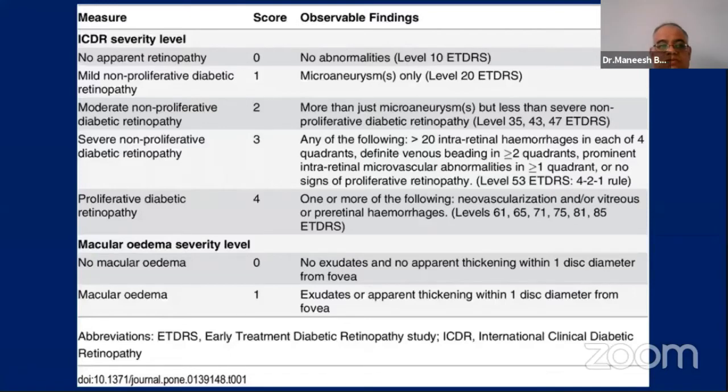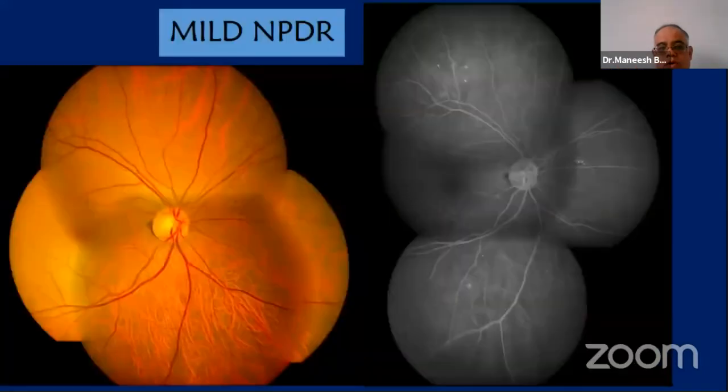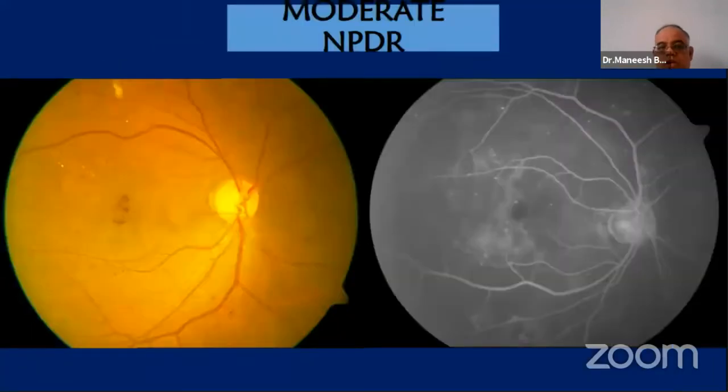Coming to stages of diabetic retinopathy, it is divided into mild, moderate, severe diabetic retinopathy and proliferative diabetic retinopathy, and macular edema 0 or 1. So mild NPDR is where there are a few microaneurysms, which might be seen more on fluorescein angiography.